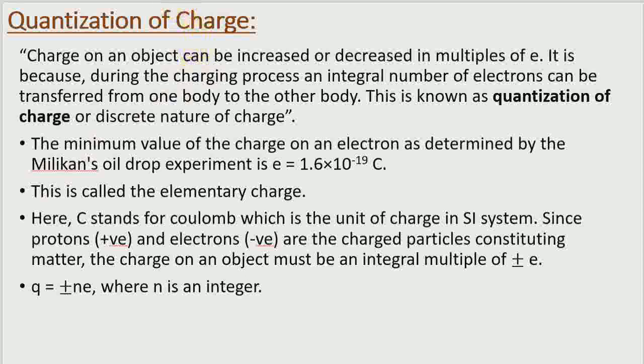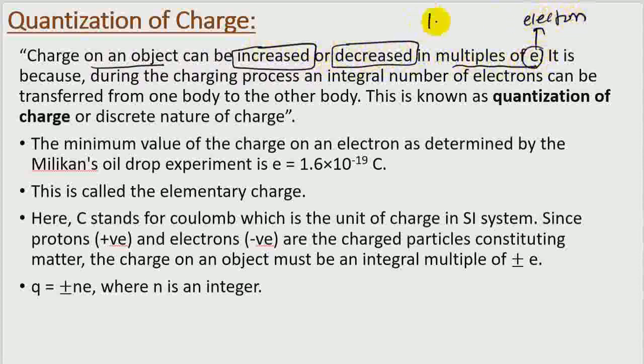The second important basic property is quantization of charge. Charge on an object can be increased or decreased in multiples of e. Here e is the magnitude of charge of an electron, with value 1.6 into 10 power minus 19 coulomb.